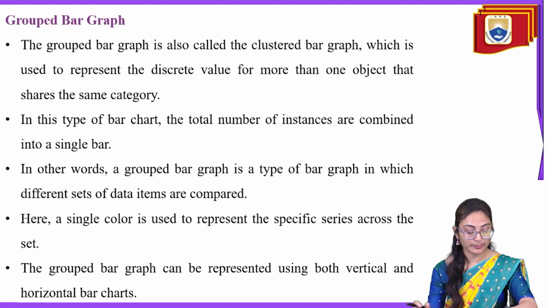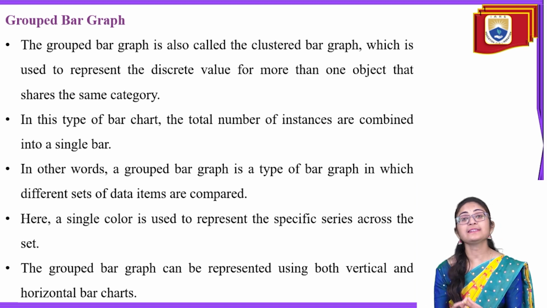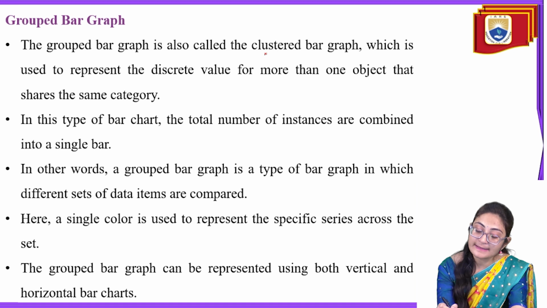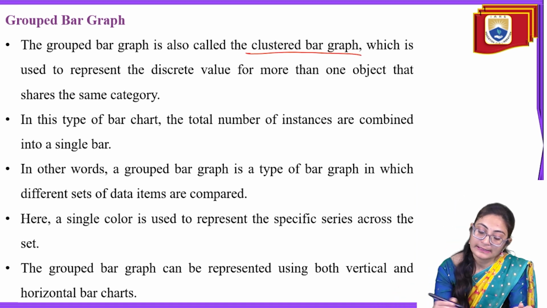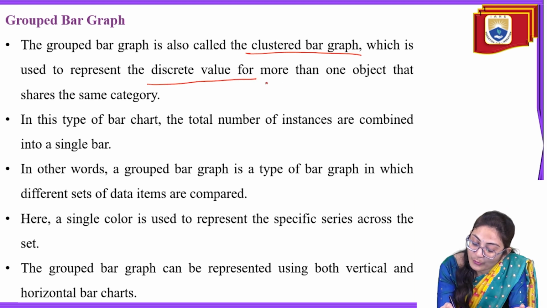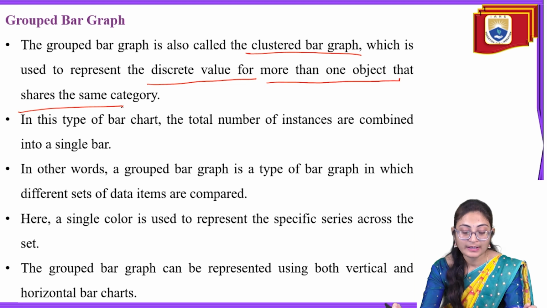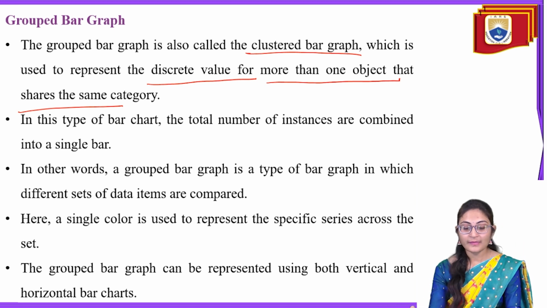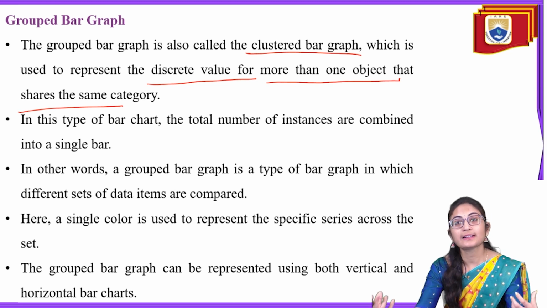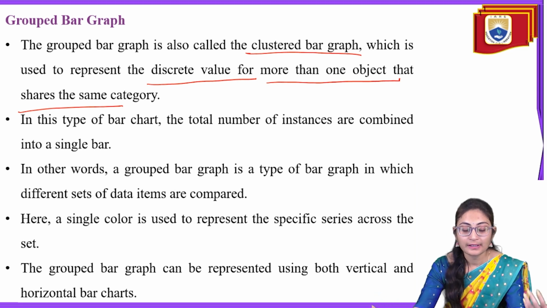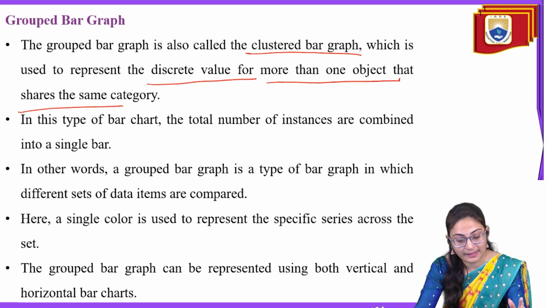Now the grouped bar graph. The grouped bar graph is also called the clustered bar graph, which is used to represent the discrete value for more than one object that shares the same category. Group means cluster, and sometimes we say the group bar graph as a clustered bar graph.